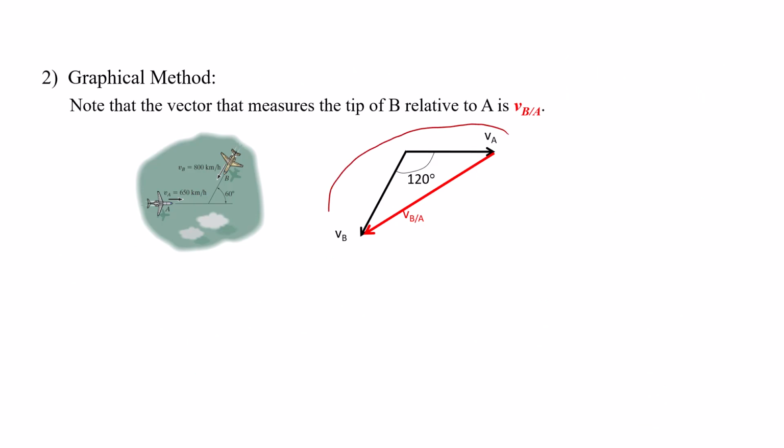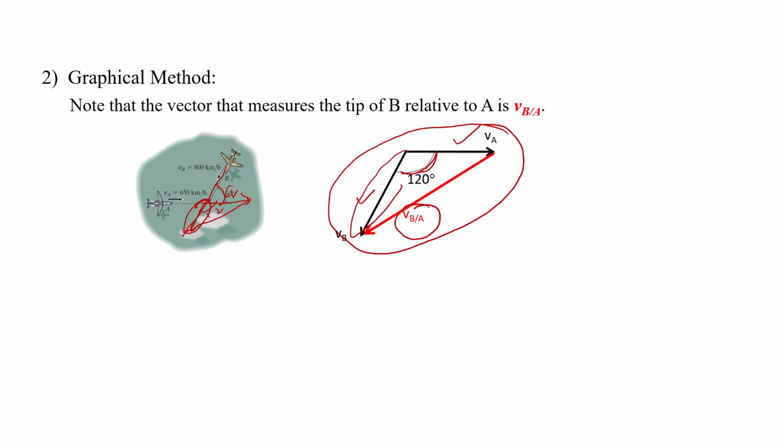So it always forms a triangle because these are all vectors, and this is the resultant. We cannot change this angle, right? And this is 60, and this has to be 180. So VA plus VBA has to be VB, and this angle is 120. We also know VA is given, VB is given, and we need to find this one, and this angle is given.